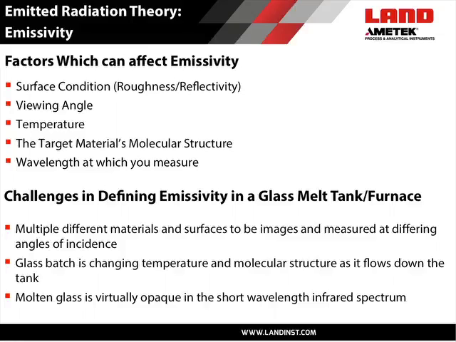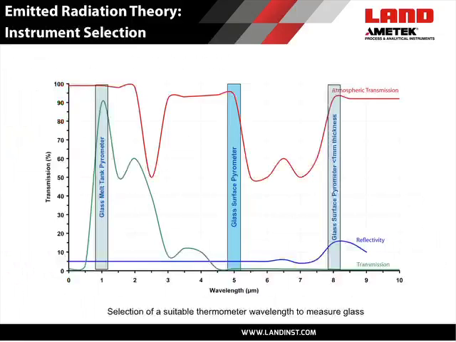Molten glass is virtually opaque in the short wavelength infrared spectrum, unlike when it is cool, where it's transparent. Thermometers which measure glass are chosen based on the glass temperature and also the glass thickness. With low temperature glass, where you can typically see through it with the human eye, we typically choose a waveband based around 5 micrometers, where the glass is opaque.